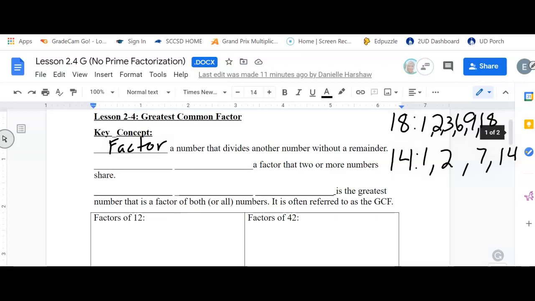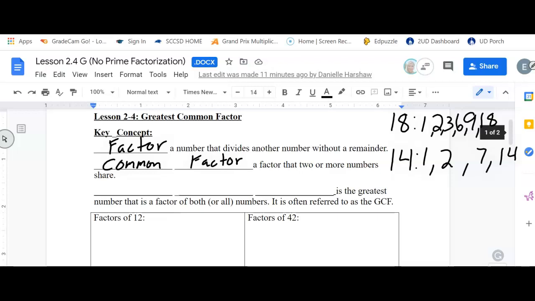Common factor. All right. We have common factors.